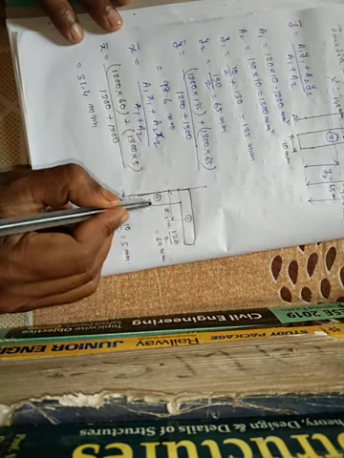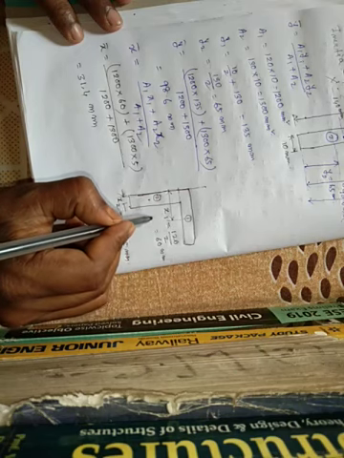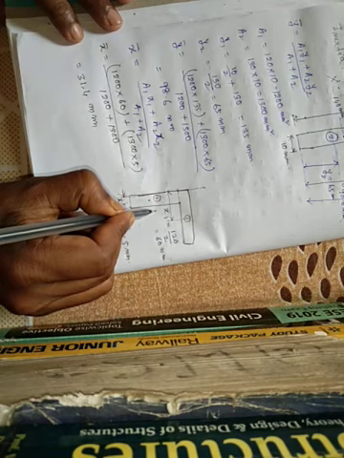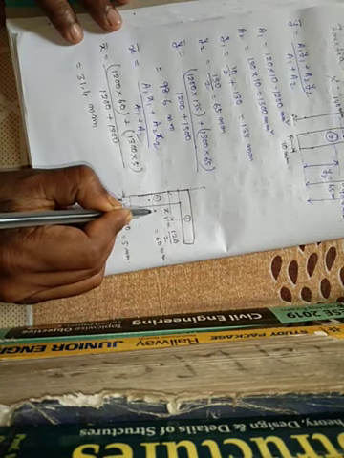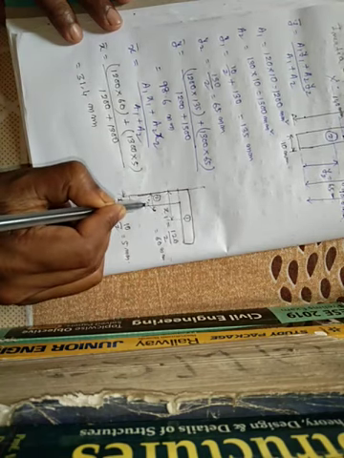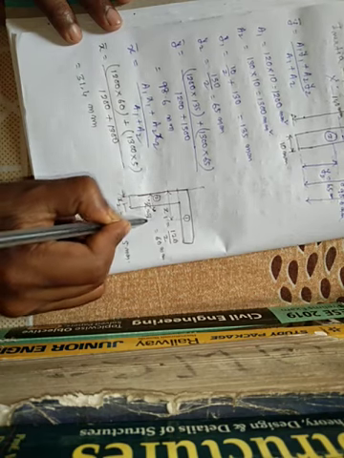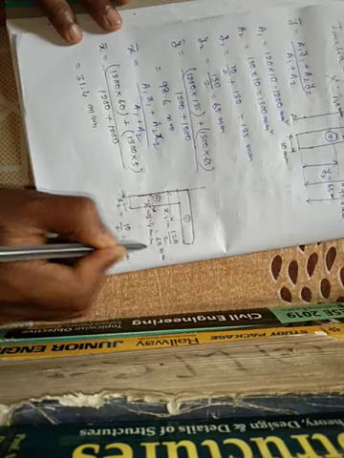So let me consider here the 60. This is the x bar. X bar is equal to 131.4 millimeter.